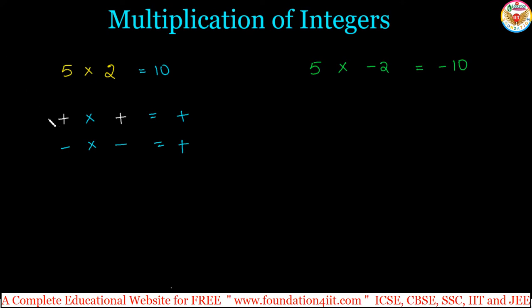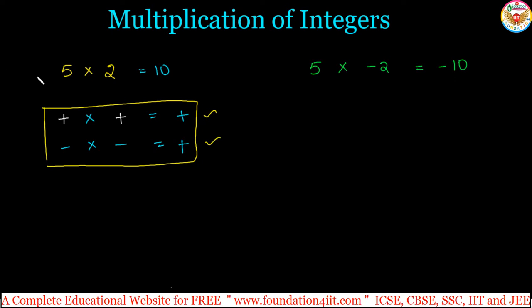So this is one rule: the product, that means multiplication, of two integers of the same sign is always positive. Same sign means either both are positive or both are negative.